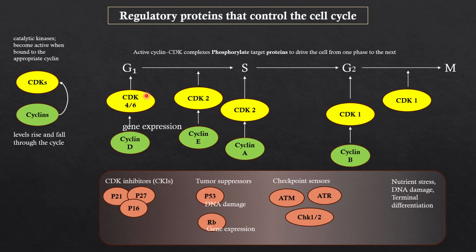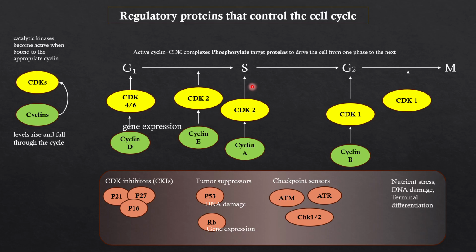During the G1 phase, cyclin D binds to CDK4 and CDK6, promoting gene expression and helping the cells prepare for DNA replication. As the cell approaches the G1 to S transition, cyclin E binds to CDK2, which is crucial for the initiation of entry into the S phase.